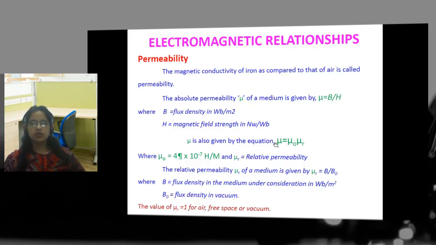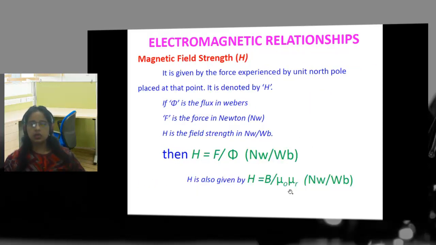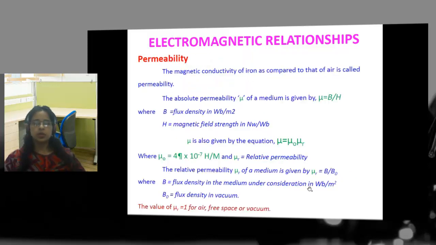Mu is also given by the equation mu is equal to mu naught mu R. If I replace it here, we get the previous equation, where mu naught is 4 pi into 10 to the power minus 7 H per m, and mu R is the relative permeability.